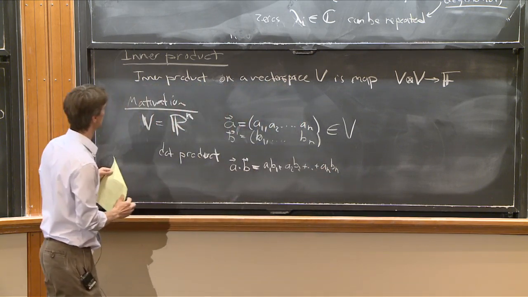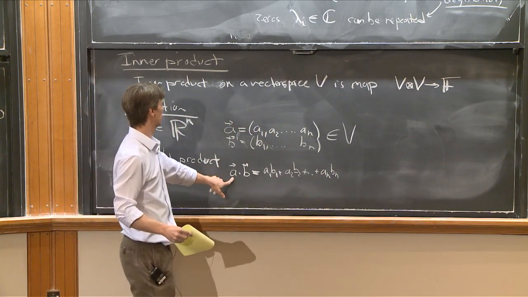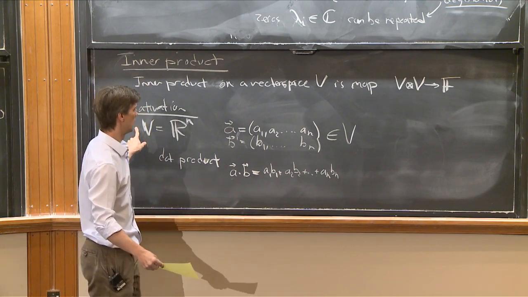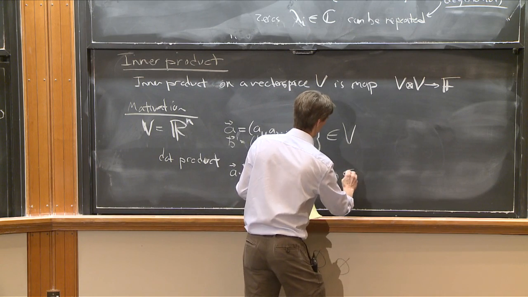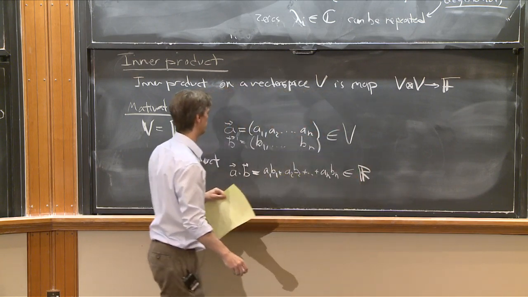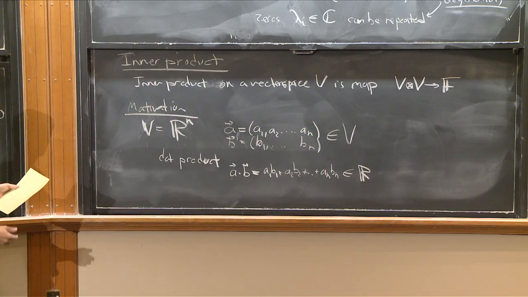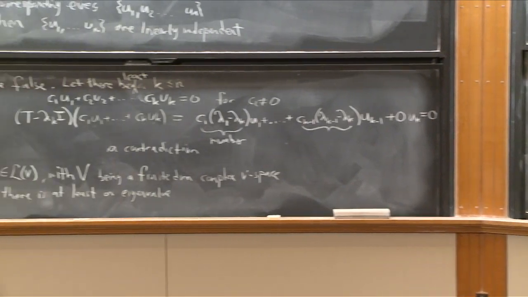And you see that this does what we want. So it takes two vectors which live in our vector space, and from that you get a number, right? So this lives in R. So this is a nice example of an inner product, and we can look at what properties it gives us.